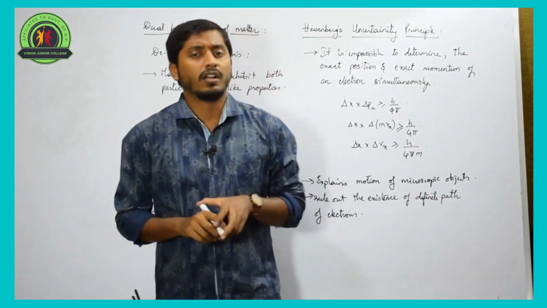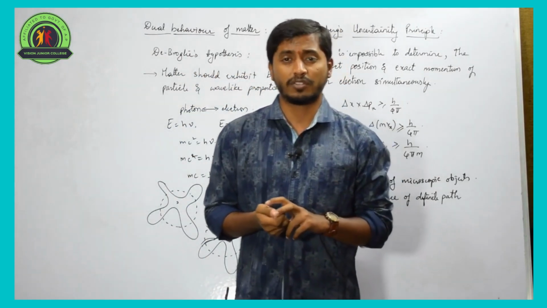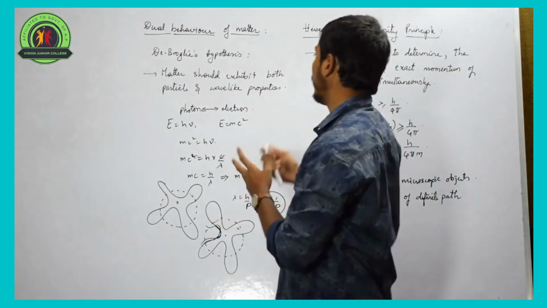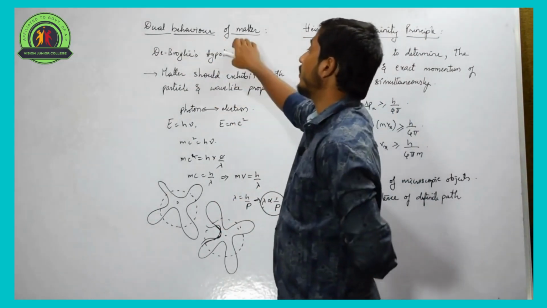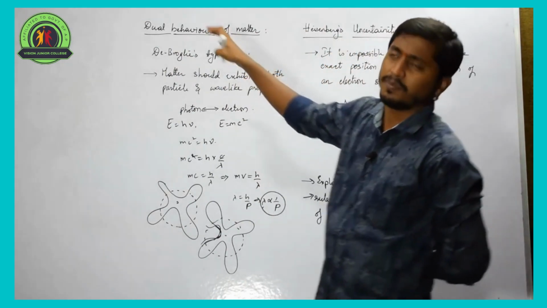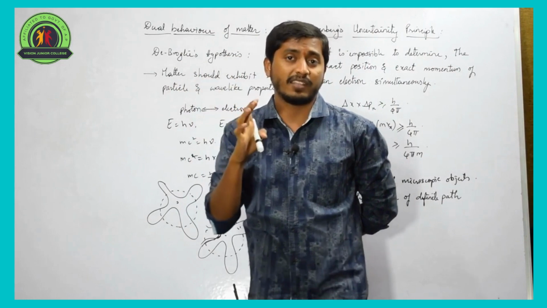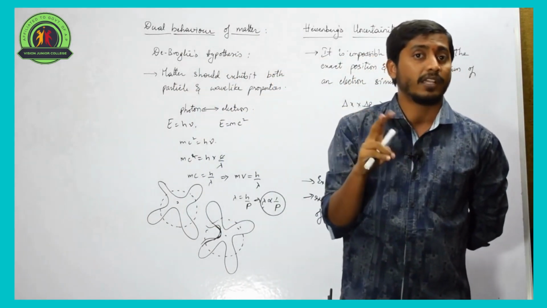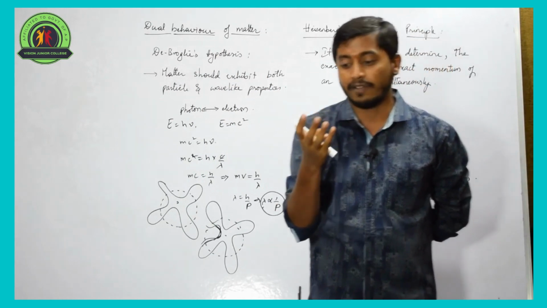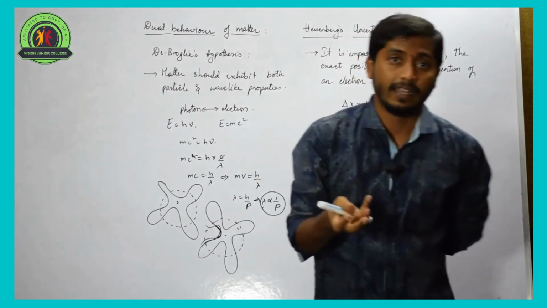Now see here, on the basis of the defects and success of Bohr's atomic model, a few theories were developed. The first theory is the dual behavior of matter. What does this mean? A particle can have different behaviors: it can have a particle nature and a wave-like nature.